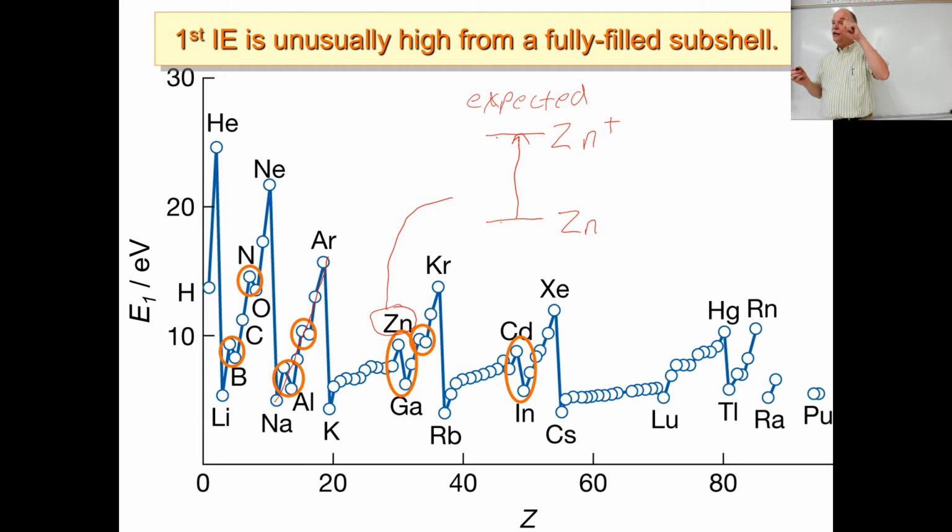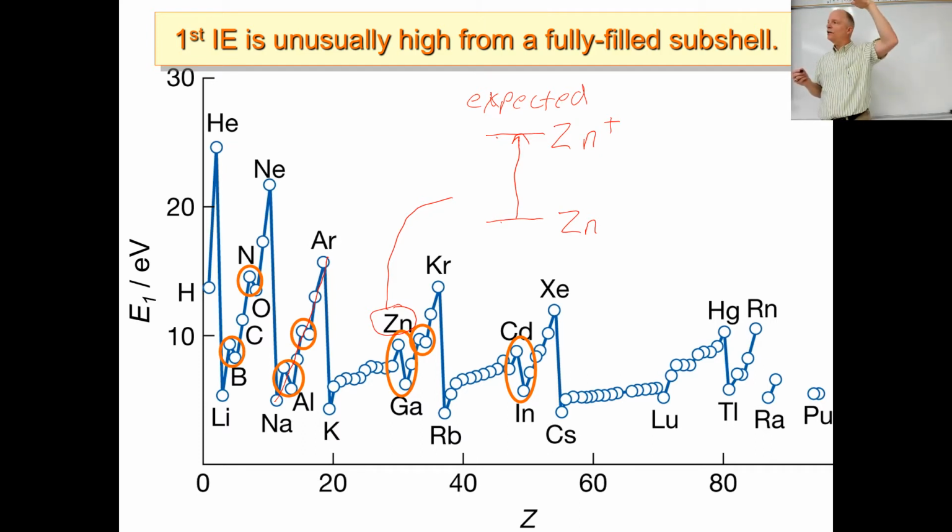There's two ways to get that arrow to be longer. Okay, we have two energy levels. We can move one of them. Okay, we could actually move both, but we'll just say we were going to move one of them to make that arrow longer. We could move the cation level up, or we could move the neutral arrow down. Okay, moving the cation up would say that the cation is unstable, right?